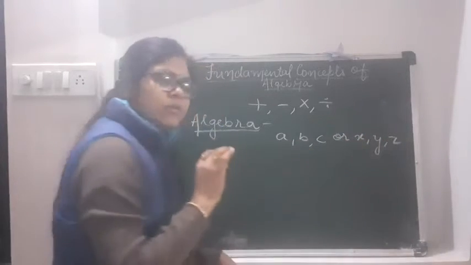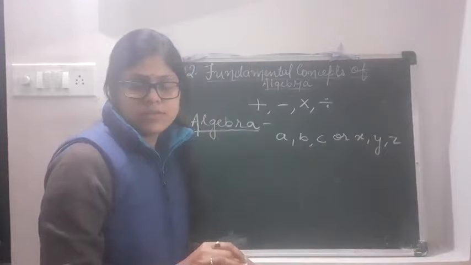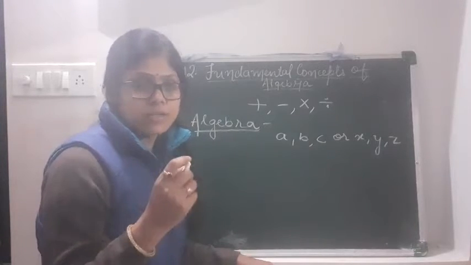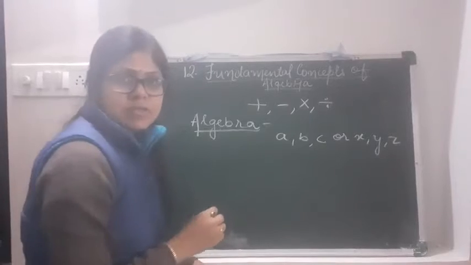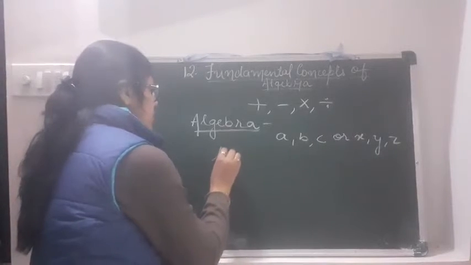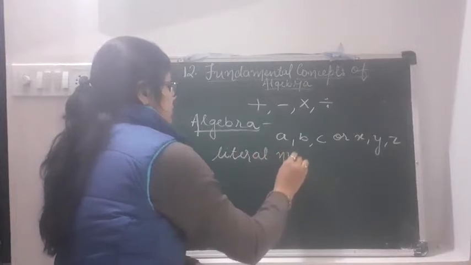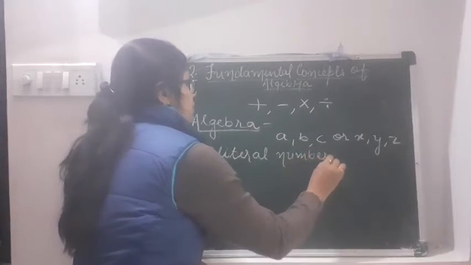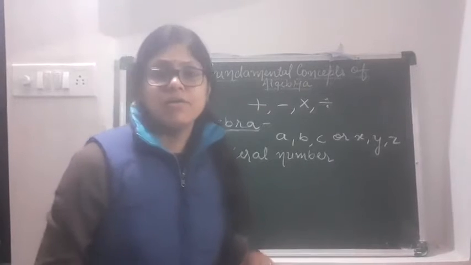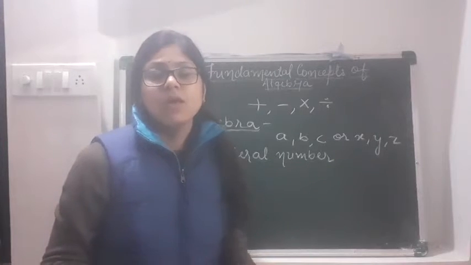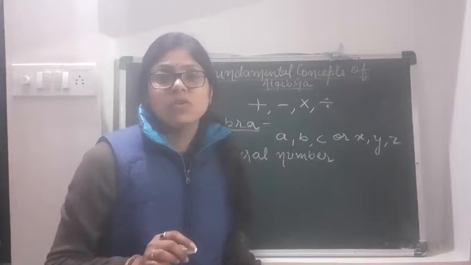You can take any of the letters, but you will always take a small letter. So these a, b, c, x, y, z will be called literal numbers. Why literal numbers? Because they are written in the form of letters. So this is what algebra is.